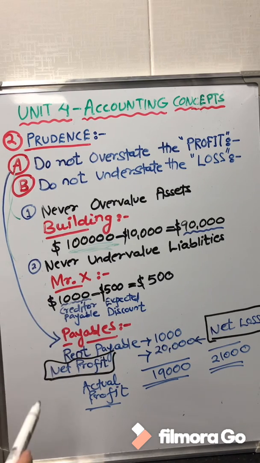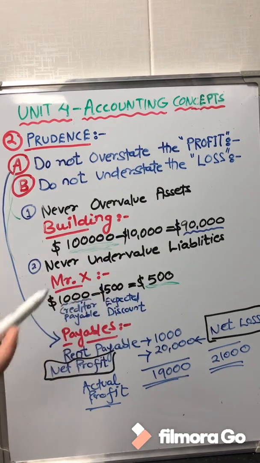If he is going to allow us this discount, then the liability value or the creditor value will be $500. But if it is not yet recorded or there is no confirmation from Mr. X that he is going to allow us this discount, don't write this as 500 in the books.